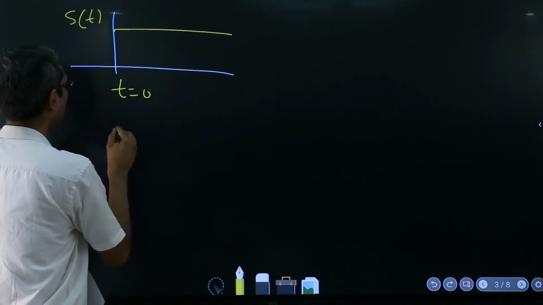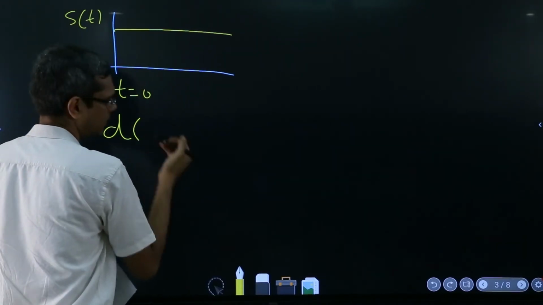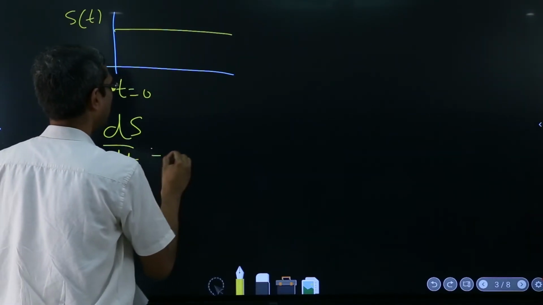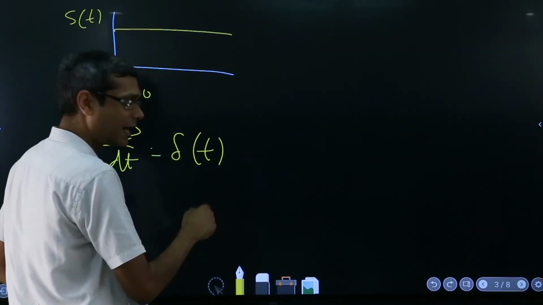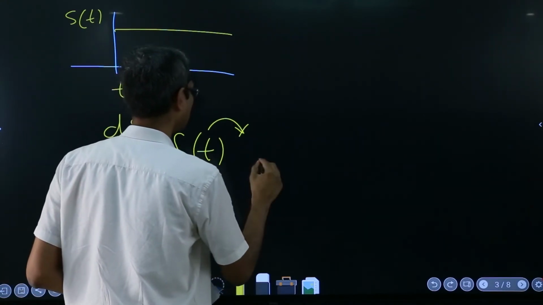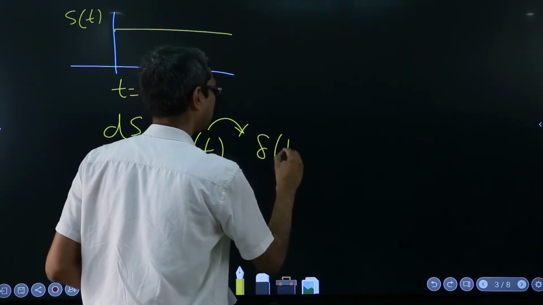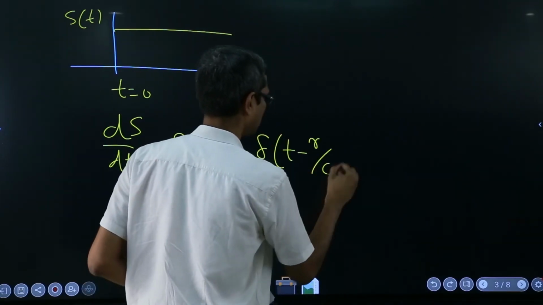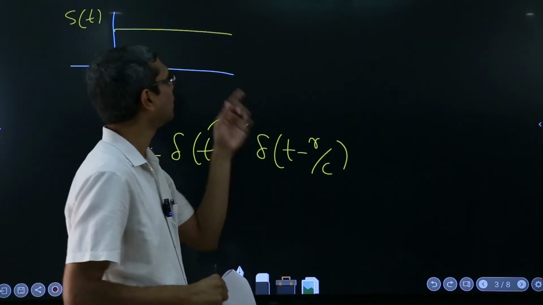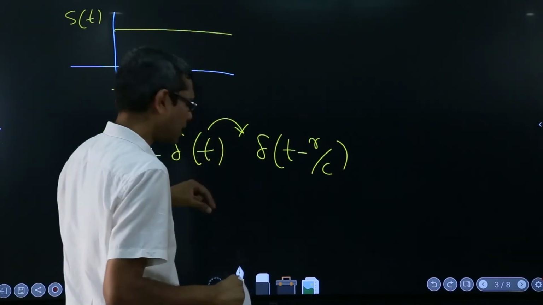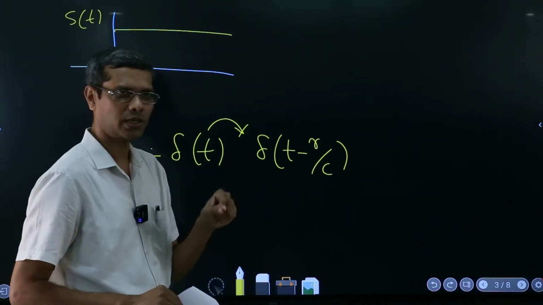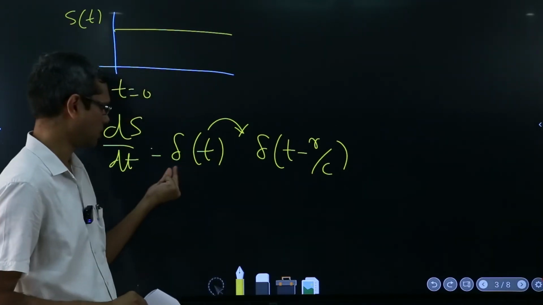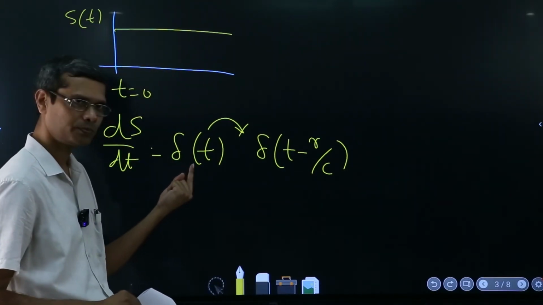So now your ds over dt will become delta of t, and in place of t you will substitute t minus r over c, because a pulse of pressure got generated at the surface at t equal to 0. This is the meaning of that, right?